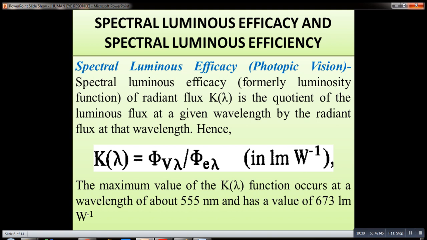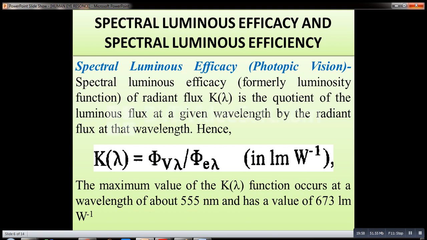The lumen is the SI derived unit, international system, of luminous flux, a measure of the total quantity of visible light emitted by a source per unit of time. Luminous flux differs from power, as mentioned, in that power means radiant flux.